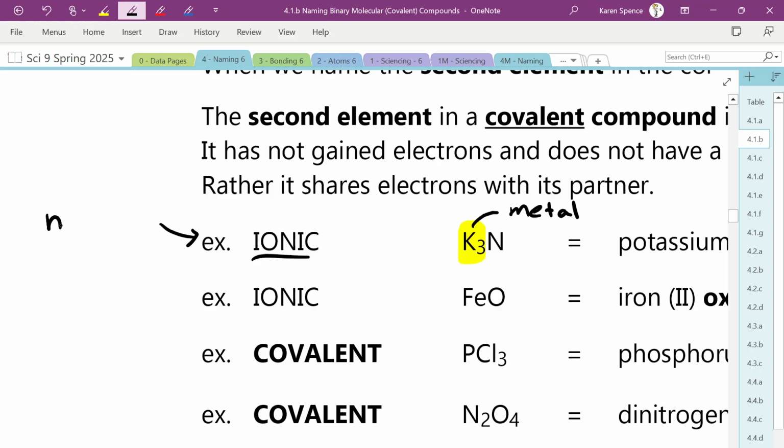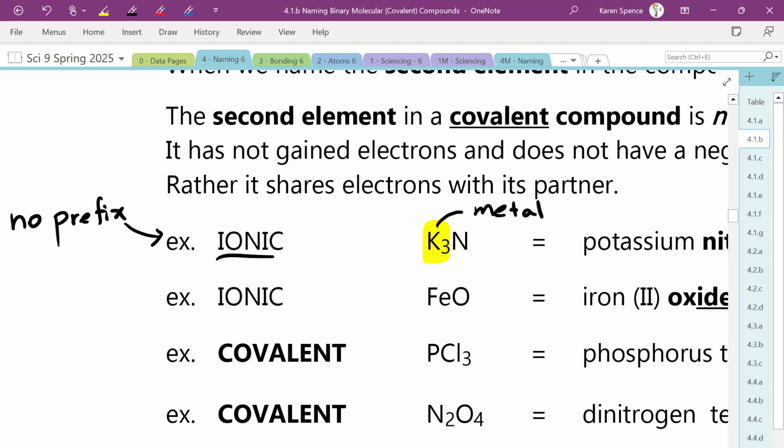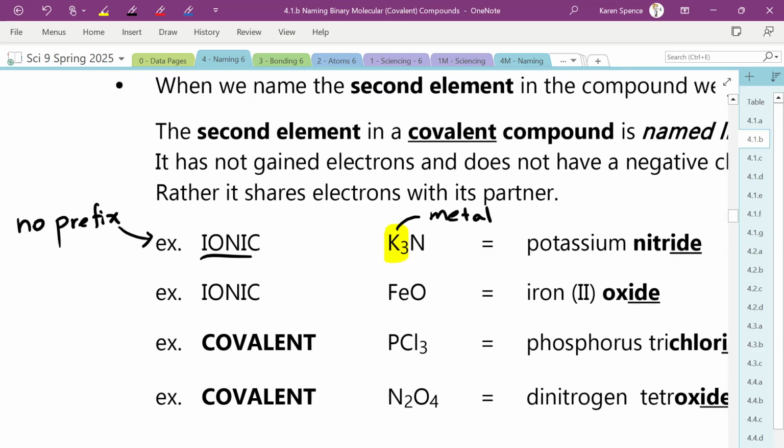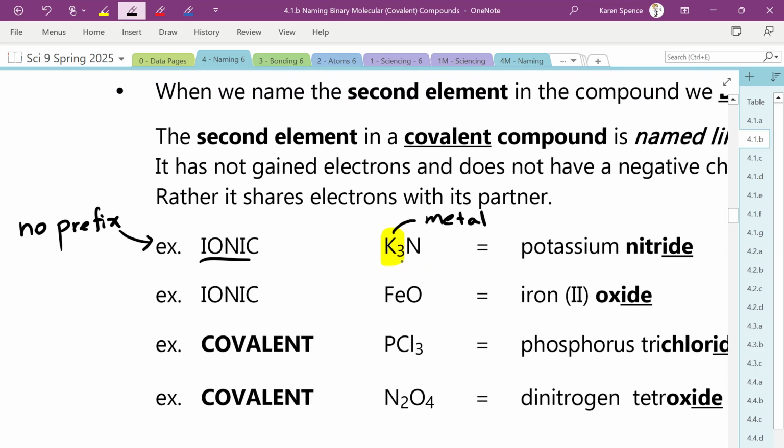No prefixes. Because it's got a metal, it is ionic, therefore there's no prefixes. So we just name K potassium, and we ignore that little number 3 because we don't need prefixes, and then N is nitrogen, which becomes nitride.